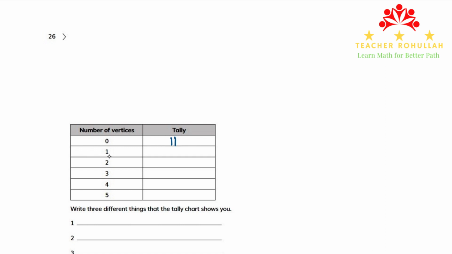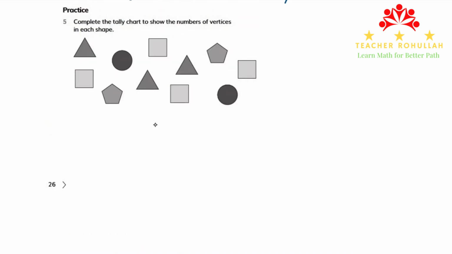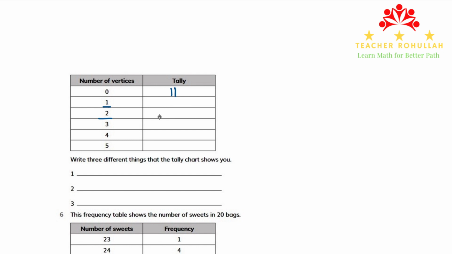And there is not any shape that has only 1 vertex. So I will keep it empty. The same way, there is no shape that has 2 vertices. And the shapes that have 3 vertices, let me check again. The shapes that have 3 vertices are 3 because we have 3 triangles. So I can use 3 marks, 1, 2, 3.